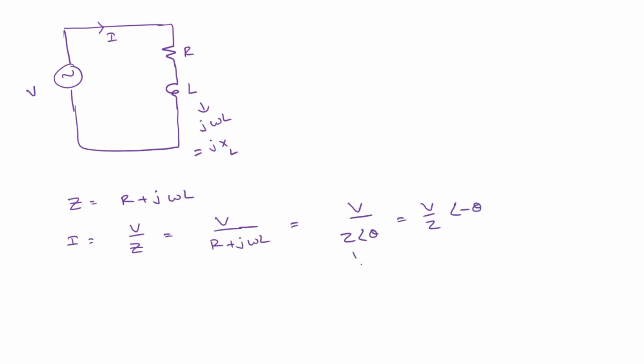Here Z is the square root of R square plus X square. To avoid confusion, if nothing is mentioned, Z is its magnitude.